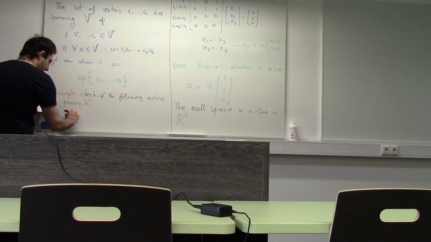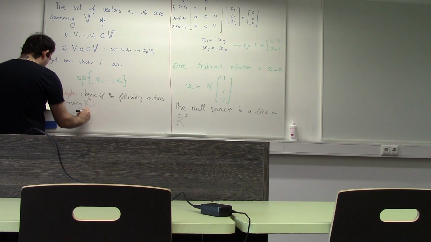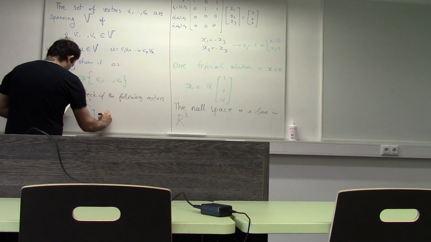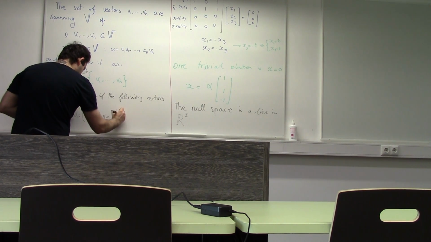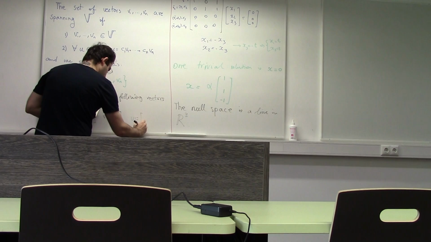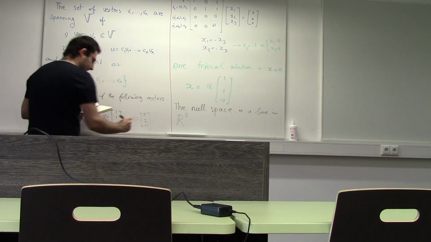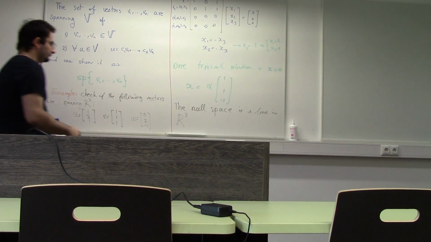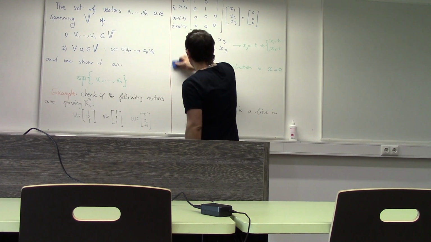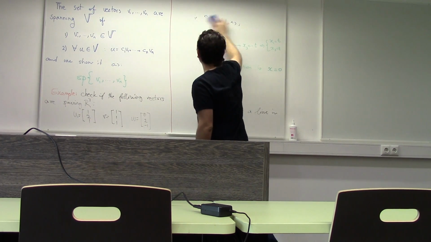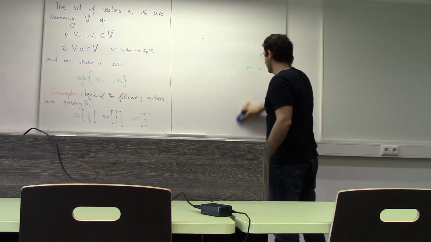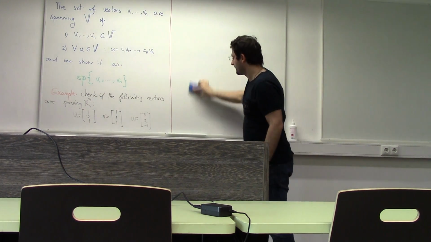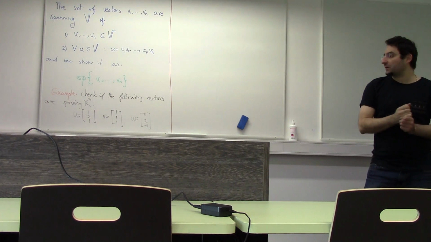Our vectors are, let's call them U, V, and W. So in order to see if they are spanning our R3, we have to just simply check these two conditions.